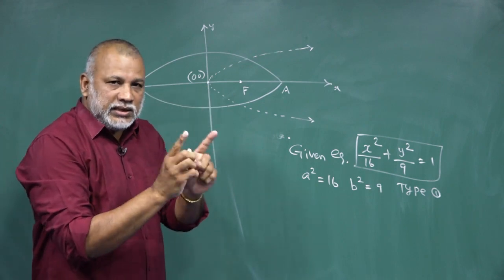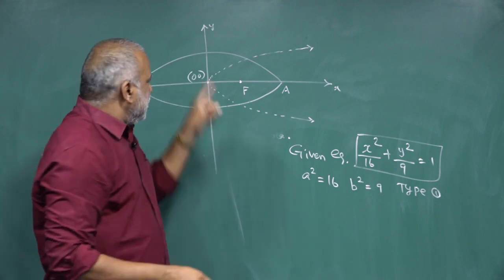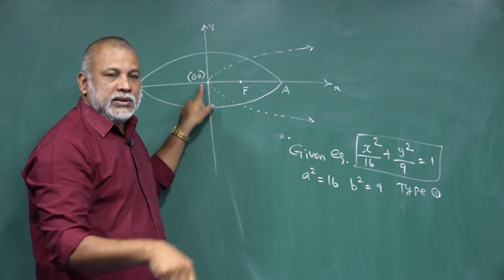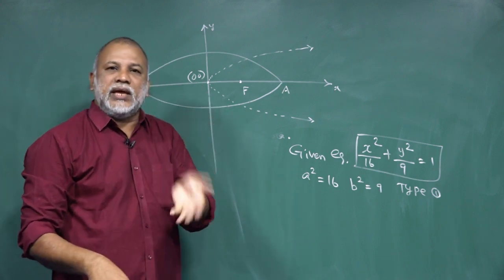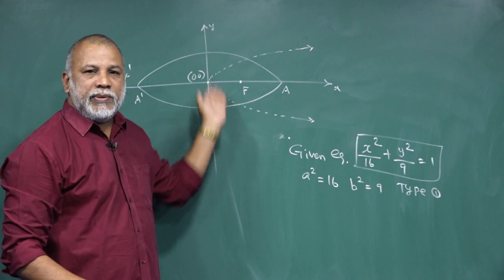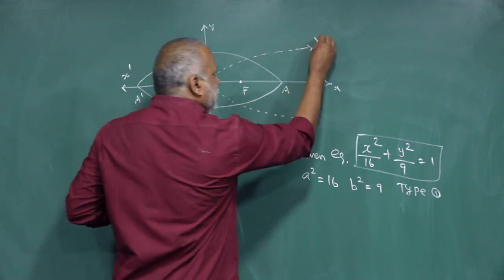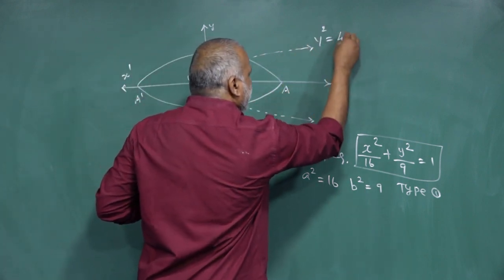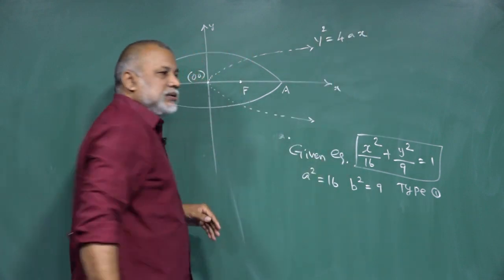We have to listen to these important two words: center of an ellipse, but the vertex of the parabola. See, it is a type number 1 parabola. So this equation is already well known. Type number 1 is y squared equal to 4ax.